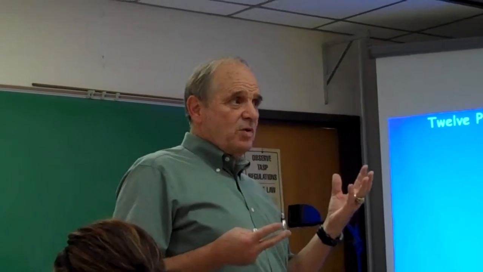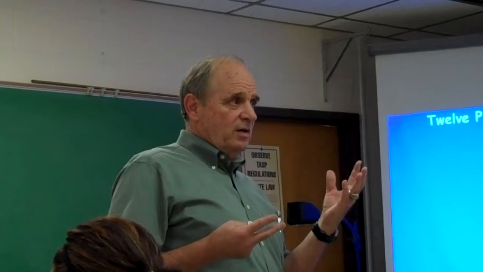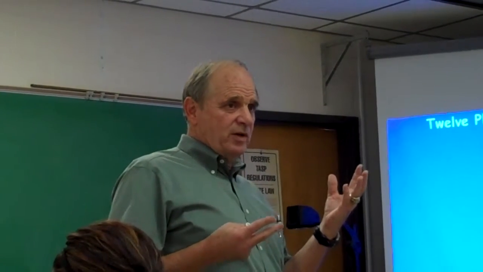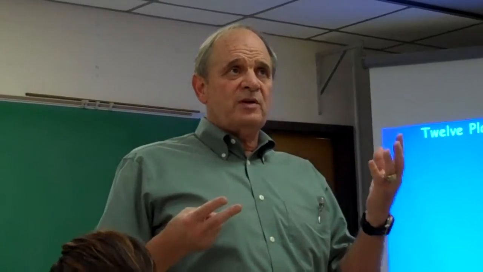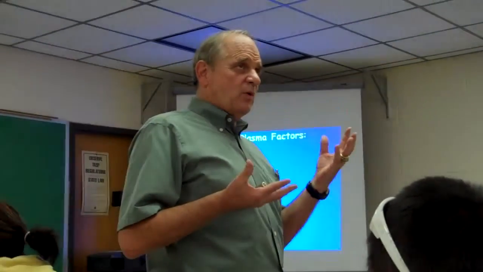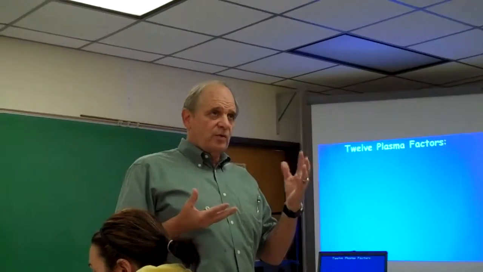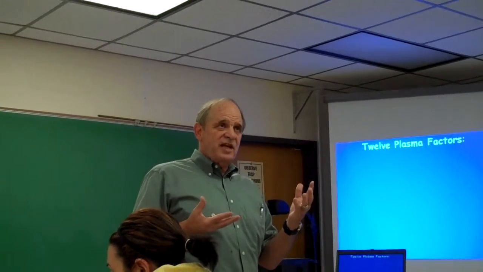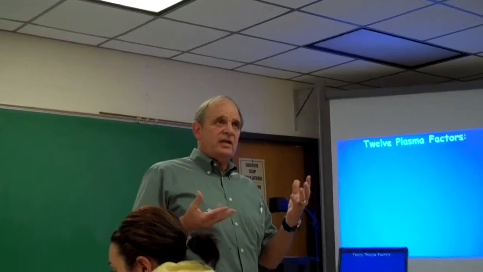Number 8 is the AHF, the anti-hemophiliac factor. Number 9 is the Christmas factor. Number 10 is the Stuart factor. Number 11 is another thromboplastin. Number 12 is the Hageman factor. And number 13 is the fibrin stabilizing factor.